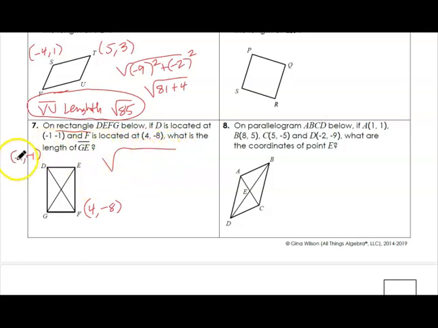So length of DF, -1 minus 4 is -5 squared. And -1 plus 8 is 7 squared. So that's going to be 25 plus 49. And that is the square root of 74. And that's going to be the length of GE.